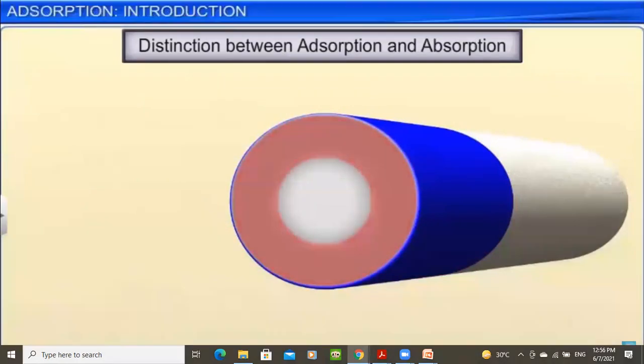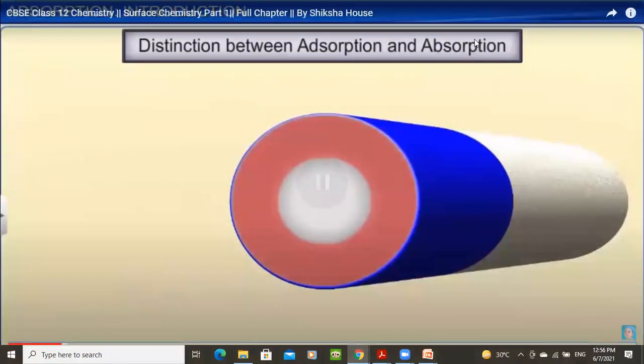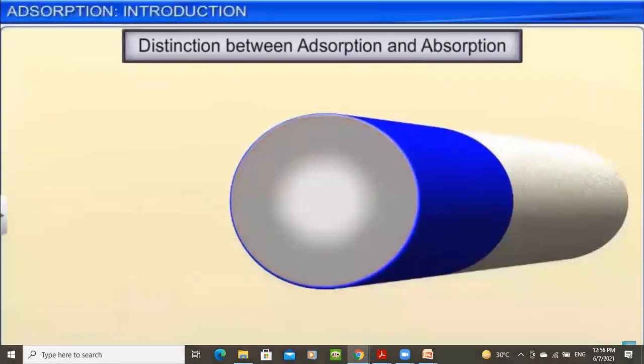But if it moves inside, it will move uniformly. If I put it for a short period of time, at that time only adsorption takes place. But if I put that chalk inside the ink for a long time, it will distribute like this, as you can see in this video. It will be absorbed in the bulk uniformly. That is the difference between adsorption and absorption. All right.